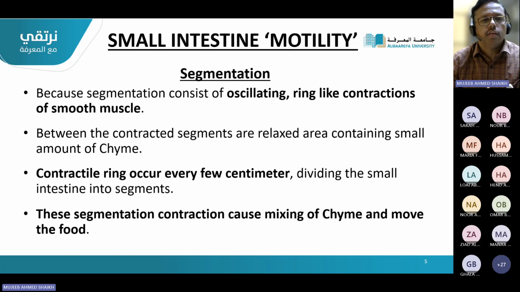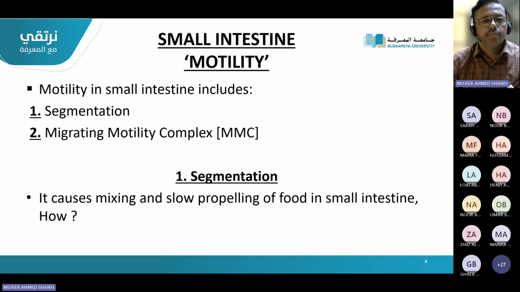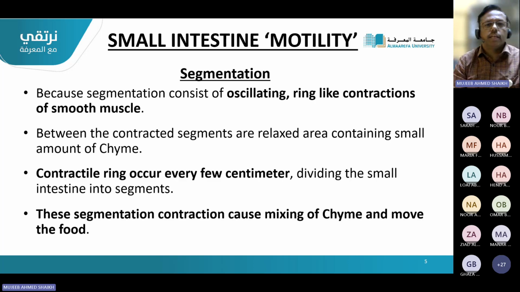I will go back to the written material here. Segmentation contraction is nothing but small oscillating movements. Oscillating means contraction followed by relaxation, just like the pendulum of a clock, which goes from one side to the other. So contraction and relaxation occur in the form of rings of contraction in one segment, and then after that in the second segment.